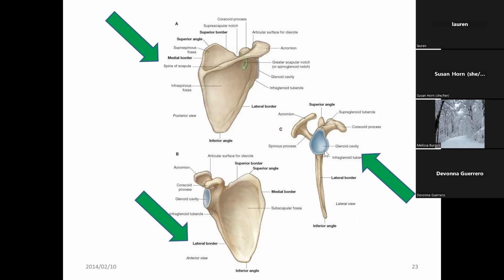Another thing I want to point out here is the glenoid cavity. The glenoid cavity is a part of the scapula, and it's the socket for the ball and socket joint. The humerus, the long bone of the upper arm, goes into this glenoid cavity. Now this looks a lot different than the hip, right?